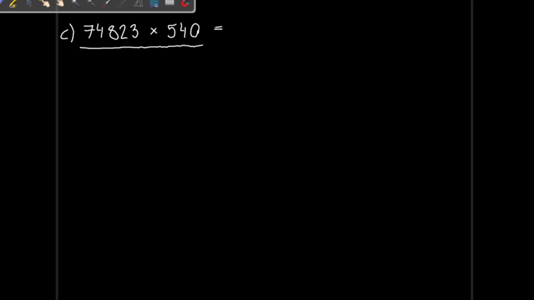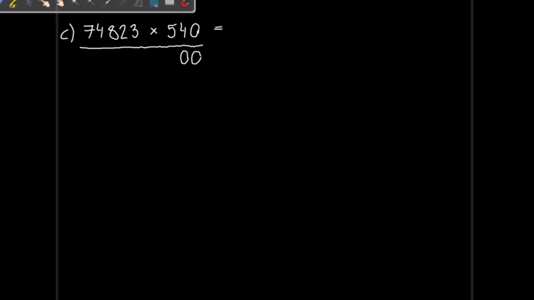But yeah, we need to start with the leftmost number from the right number here. So with 5. And we start by writing two zeros under here and start working under 5.